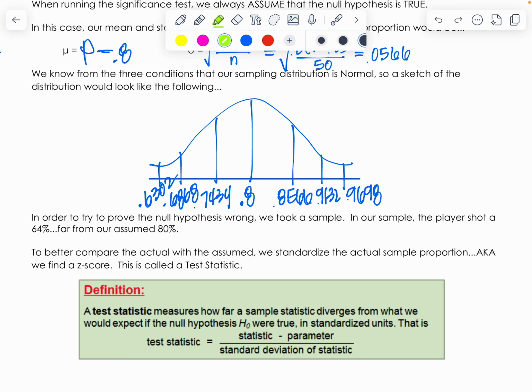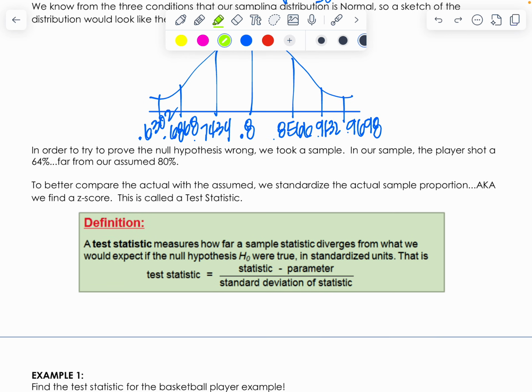So, now we calculate what's called a test statistic. That test statistic is just a z-score. It just tells us how many standard deviations away from the mean that our data point would be. And so to find it, we do the statistic. So in this case, we'll say z, it's a z-score, is equal to our p-hat value minus our assumed parameter p, divided by that standard deviation, the square root of p times 1 minus p over n.